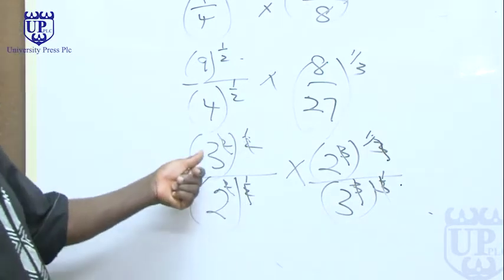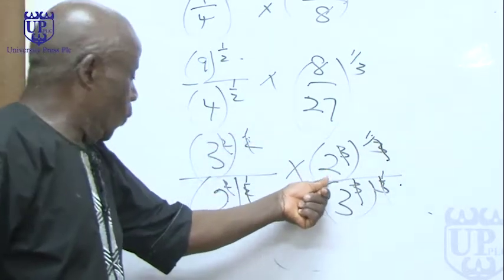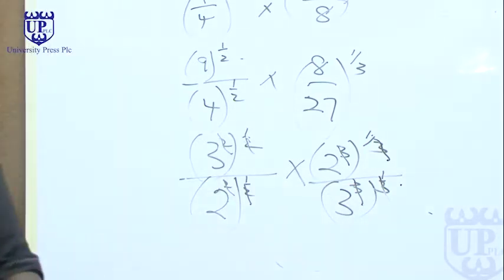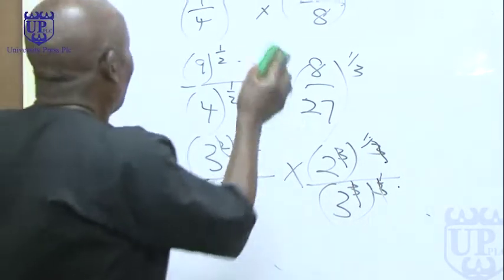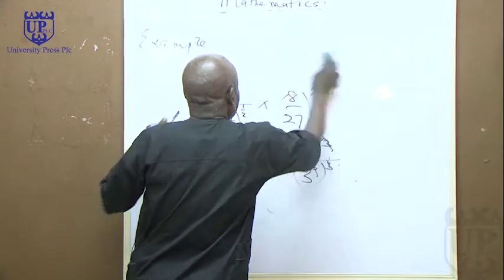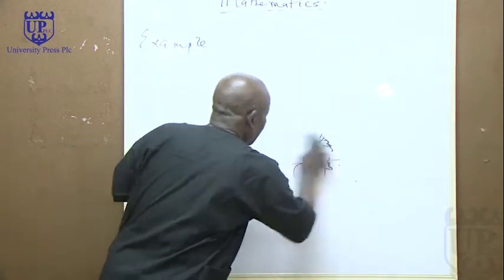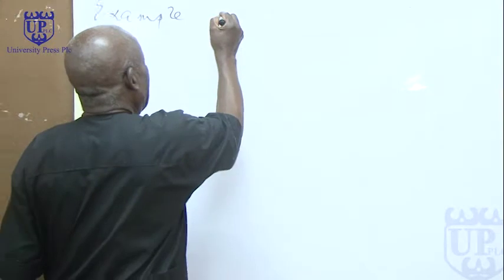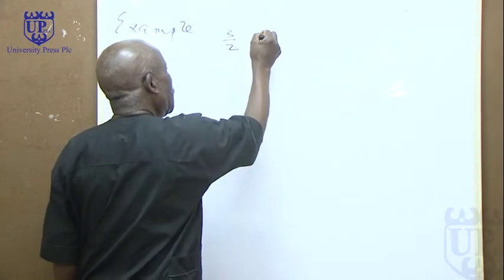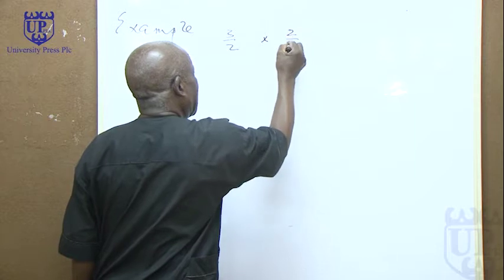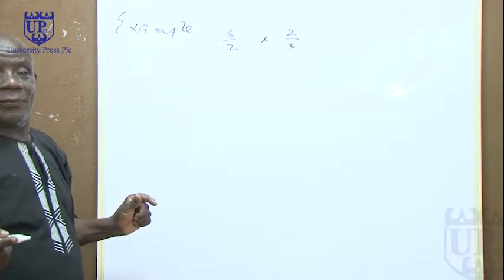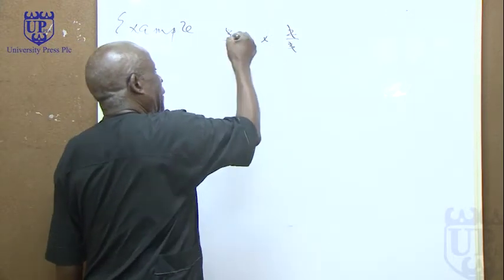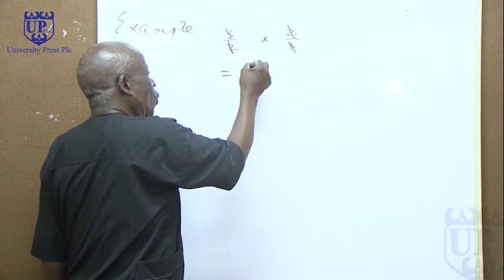From here, we have 3 all over 2 multiplied by 2 all over 3. You are now free: this one cancels this and this one eliminates this. So the answer is 1.